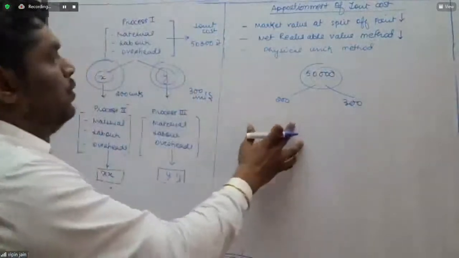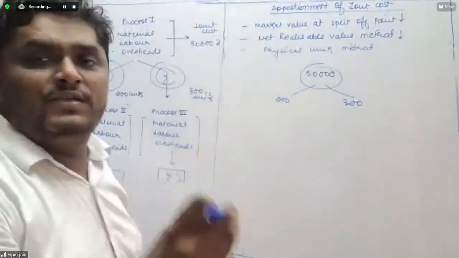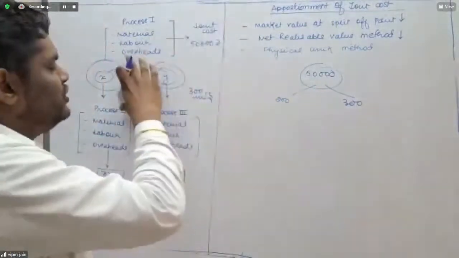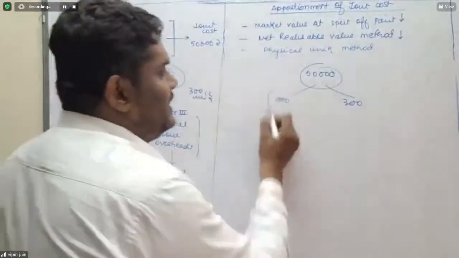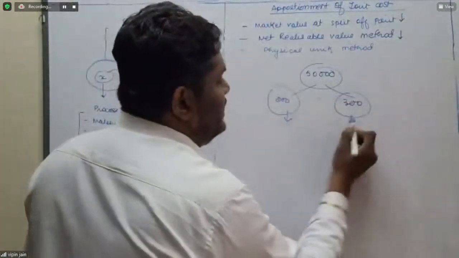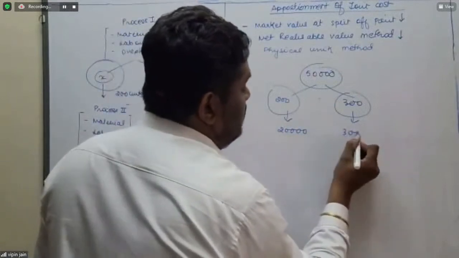That is, the joint cost will be apportioned in the ratio of finished goods that are manufactured. So herein in this case, 50,000 will be apportioned in the ratio of 2:3, that is 20,000 is to 30,000.